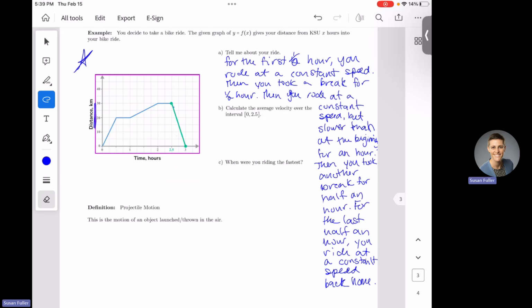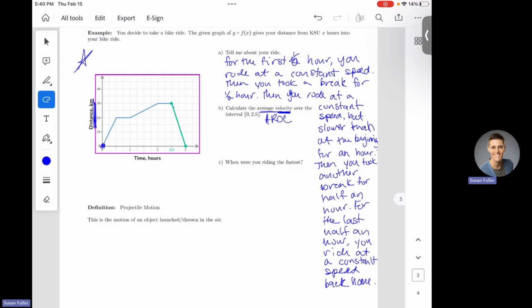Okay, so if I want to do average velocity. So again, this is a distance function. That's position. Velocity would be the derivative of that, the rate of change of position. This is asking you for average rate of change over the interval from 0 to 2.5.